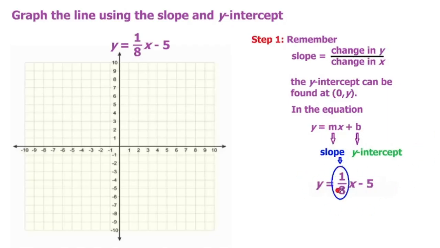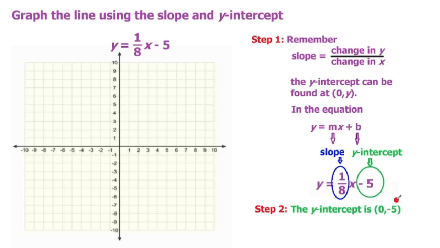Here's our slope, and here's our y-intercept. So y equals mx plus b. Our b here is a -5. The y-intercept is 0, -5. And why is that?